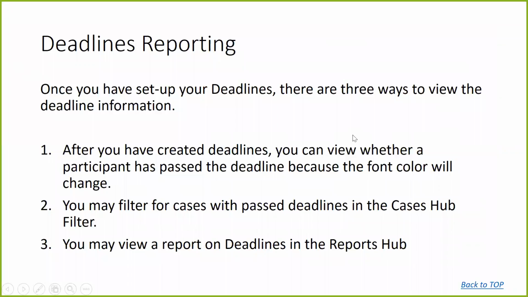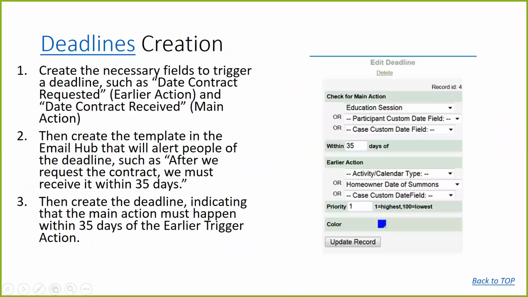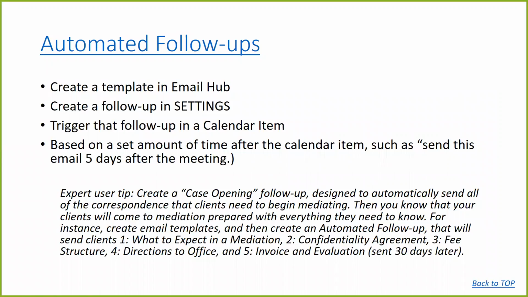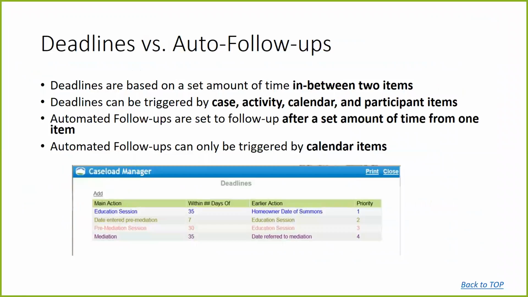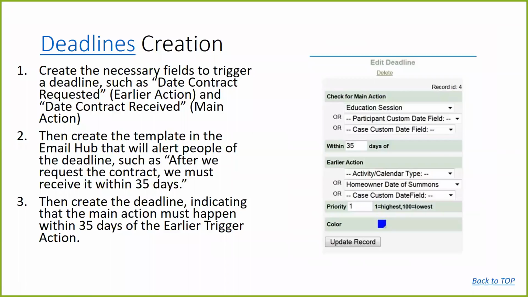So, all right, we've looked at auto follow-ups. Remember, you create those in settings. We've looked at deadlines, what the difference is, and how to create deadlines. So something has to happen within X amount of days of something else.